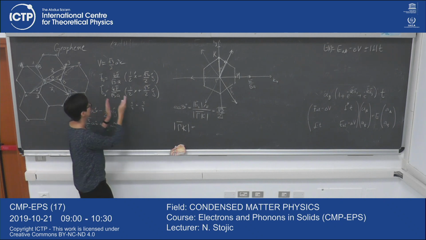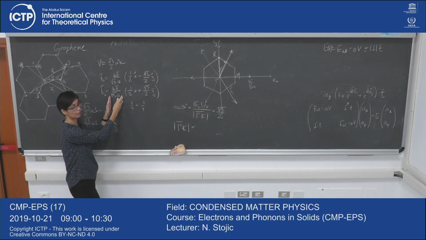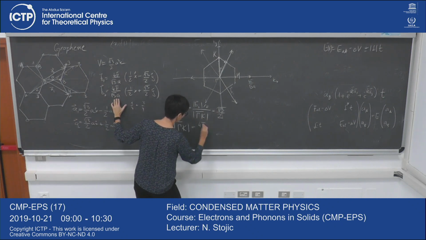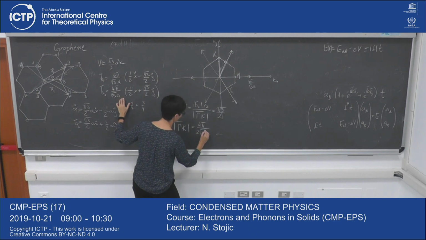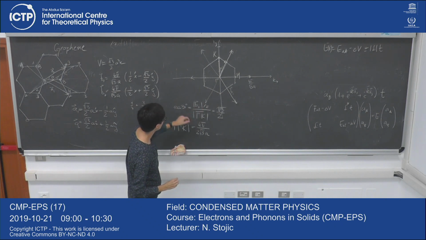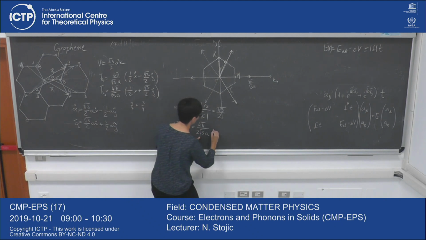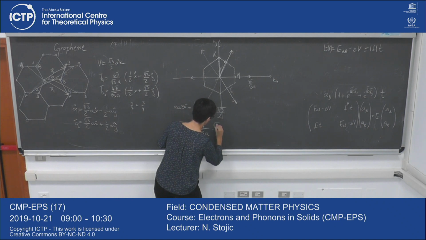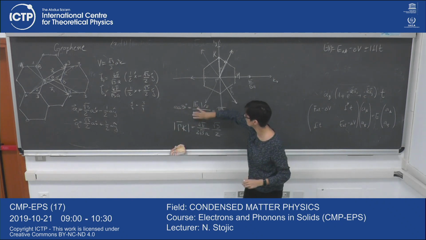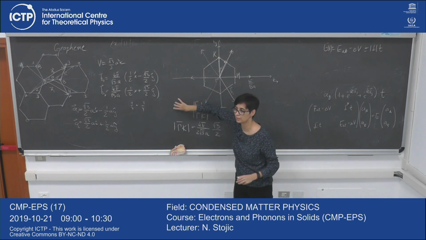This gives 1. This is the absolute value. Okay? So 1/2 of this, 4 pi divided by 2, 3, 8. This is gamma K equal to B2 divided by cosine 30. So this is equal to this divided by this.